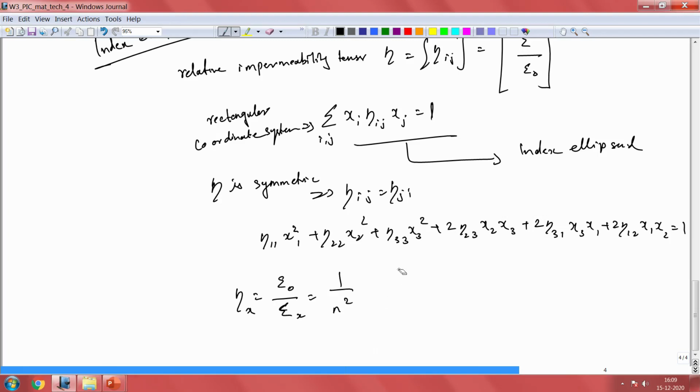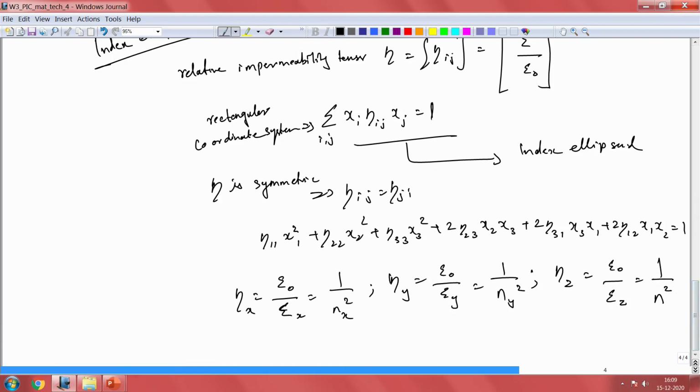So similarly you can apply this to y, where eta y equals epsilon naught epsilon y, which is equal to 1 by ny square. And eta z equals epsilon naught epsilon z, which is equal to 1 by nz square.